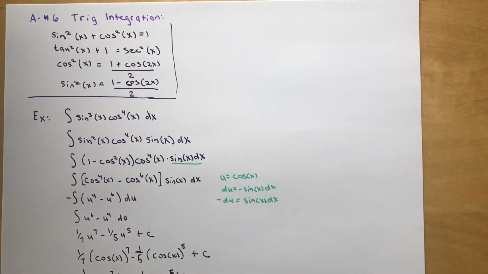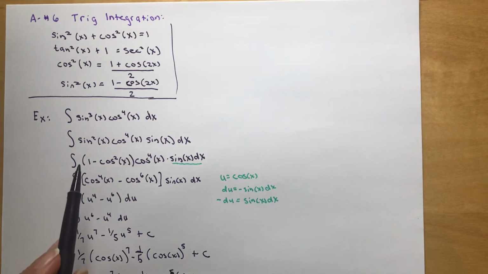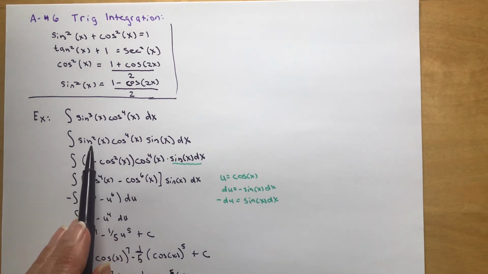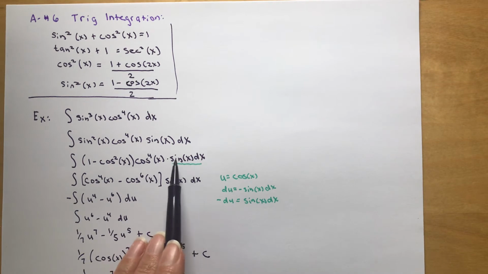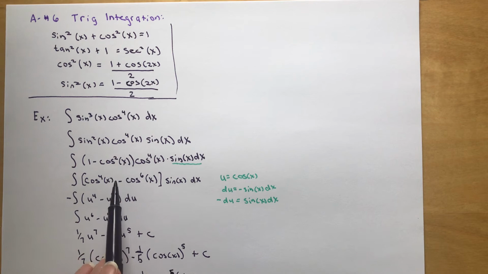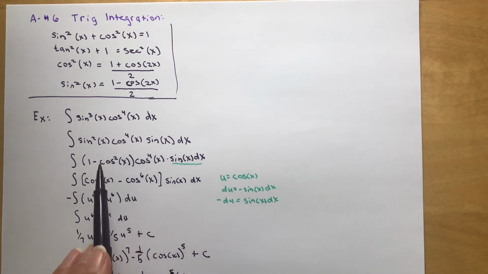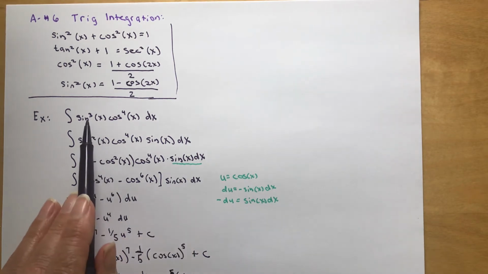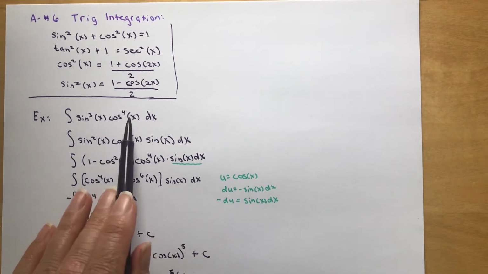All right, so that's the first example, and I'm just looking for a way to replace one of the trig terms such that I still have one left over for my du part, but all the rest are in terms of cosine. Now there might have been a way to do this problem by ending up with an extra cosine here, but it helped that the sine was an odd power so that I could get rid of the squared and have one extra, and then this cosine was kind of neutral in the problem.